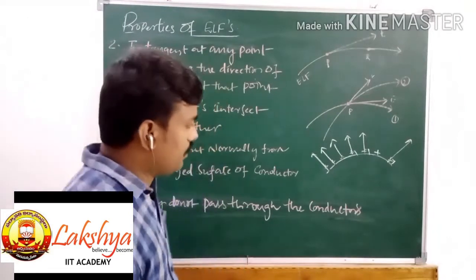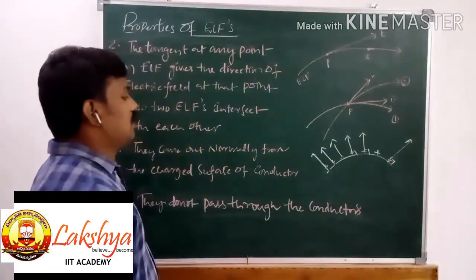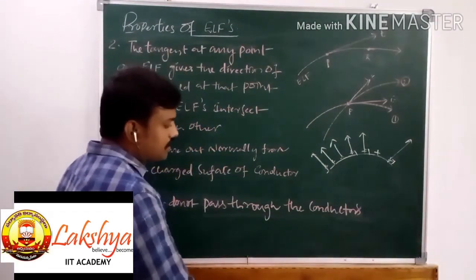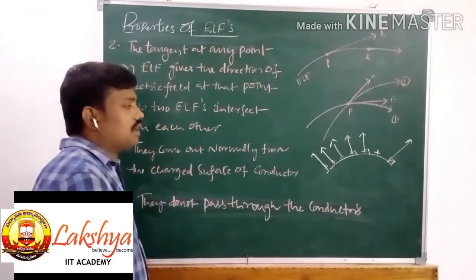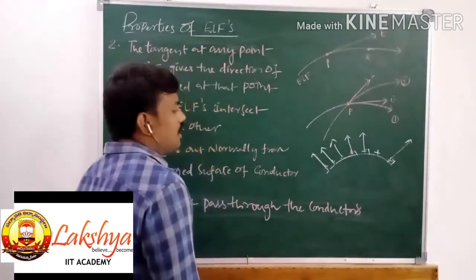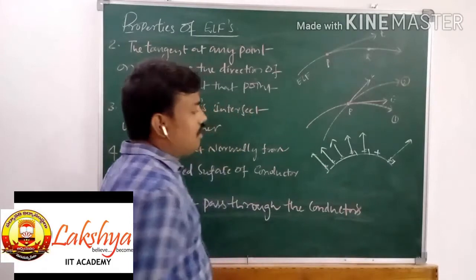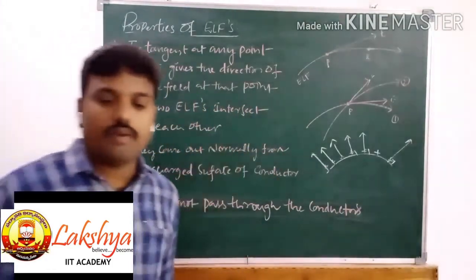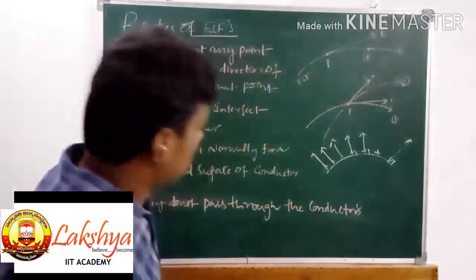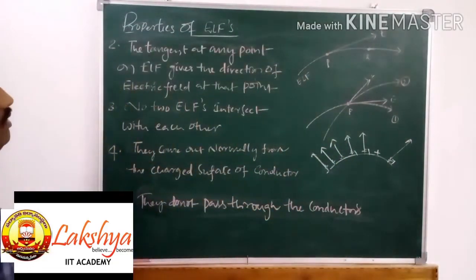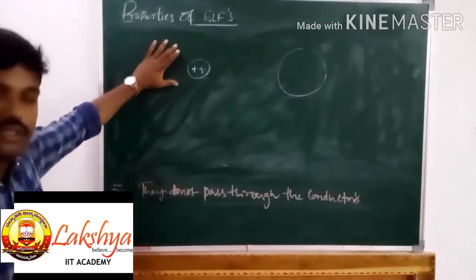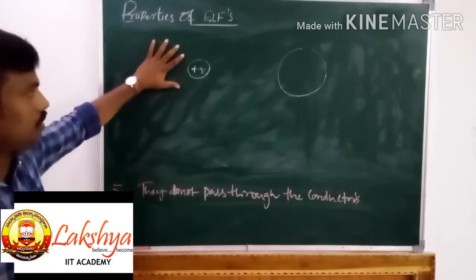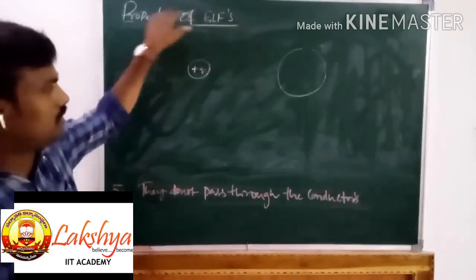Okay. Next one is, they do not pass through conductors. Suppose you see a conductor in the presence of an electric field. What will happen to the electric field while it passes through the conductor? Let me go with a diagram. Let us take a charge Q, which produces electric lines of force around it.